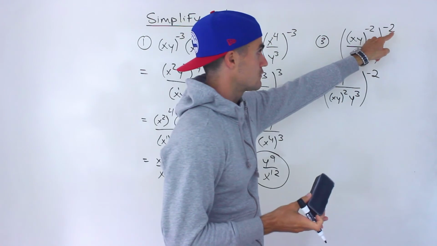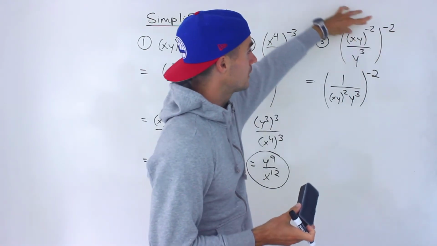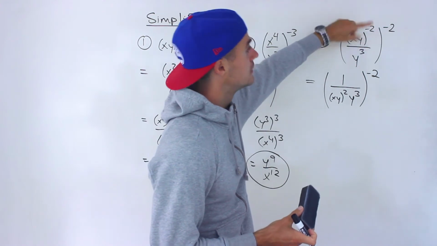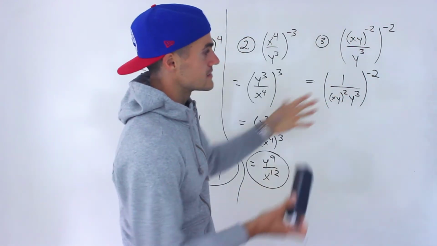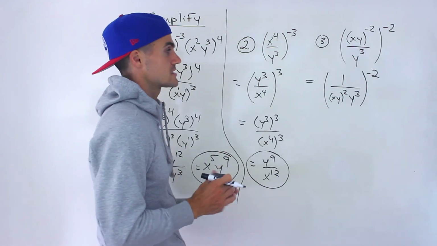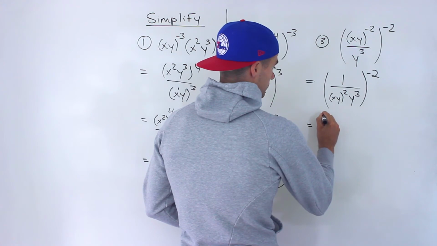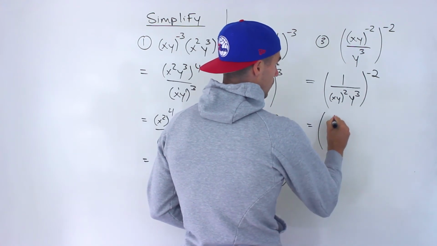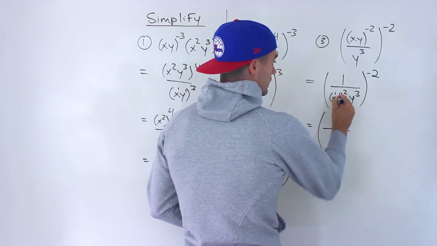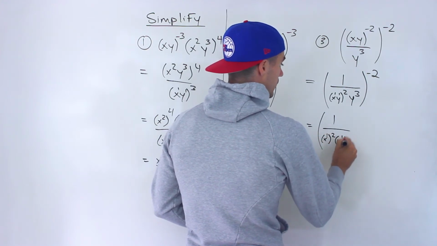Now, you don't necessarily have to go about it this way. If you wanted to, you can take this outside exponent and apply it to the numerator and the denominator, and then simplify. Different ways to go about it. Just make sure whichever way you do it, you're getting the same answer at the end. So here, this would end up being 1 over x to the 1 squared, y to the 1 squared.